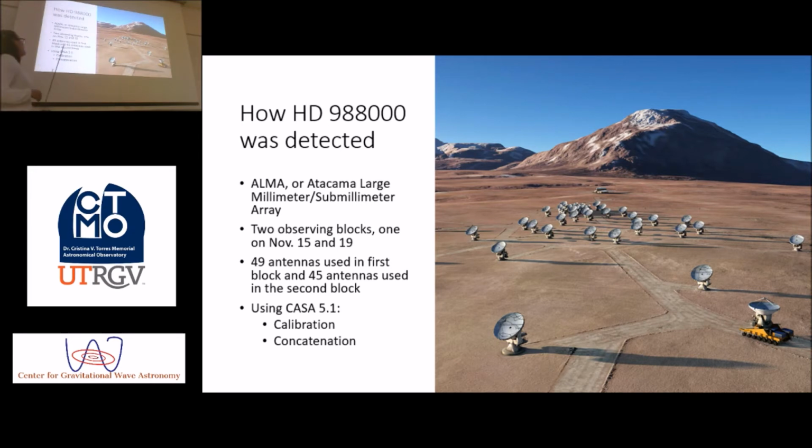CASA version 5.1. The applications in that package were used first to calibrate the data that was received from the binary star system, to improve the signal-to-noise ratio and clean up the data.